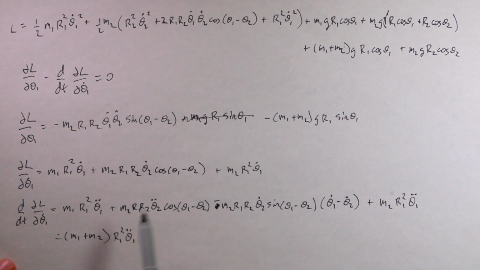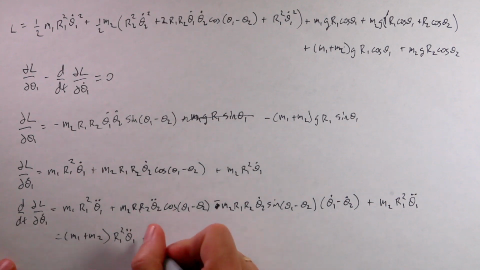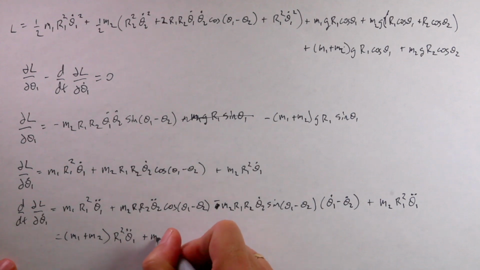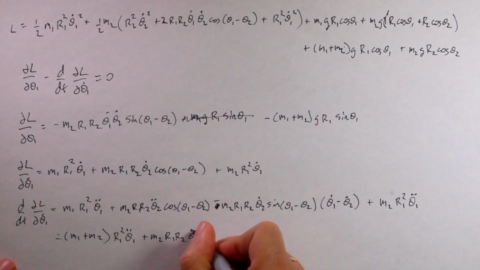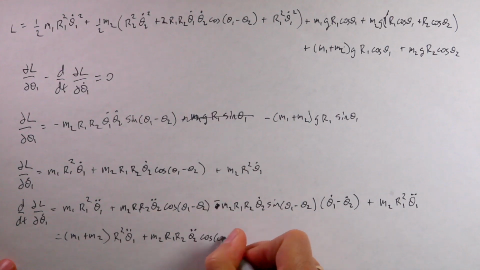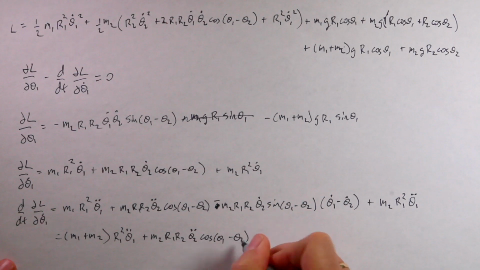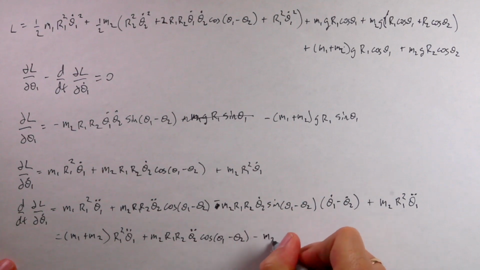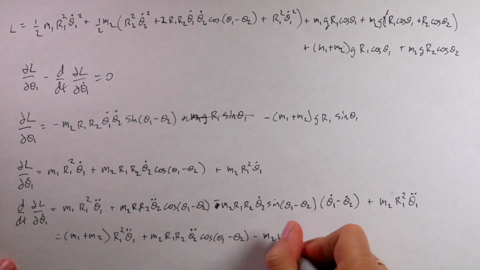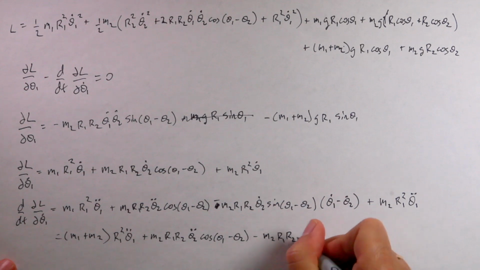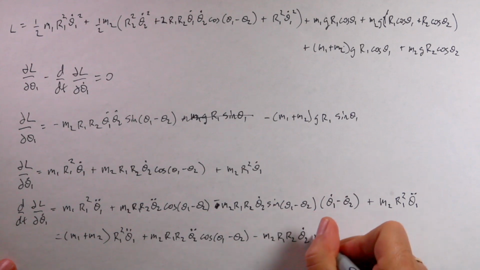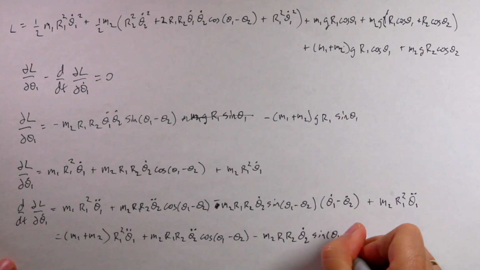And then I have that term and that term. Plus M2 R1 R2 theta 2 double dot cosine theta 1 minus theta 2 minus M2 R1 R2 theta 2 dot sine theta 1 minus theta 2.